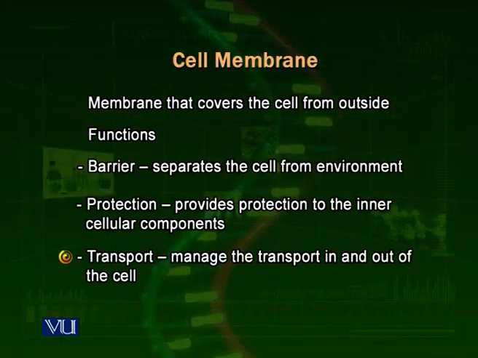It provides transport of materials. Cells need many materials that should come in or go out at intervals. The cell membrane, or the plasma membrane, is semi-permeable. It manages the transport of materials which are required, like food particles required by the cell.